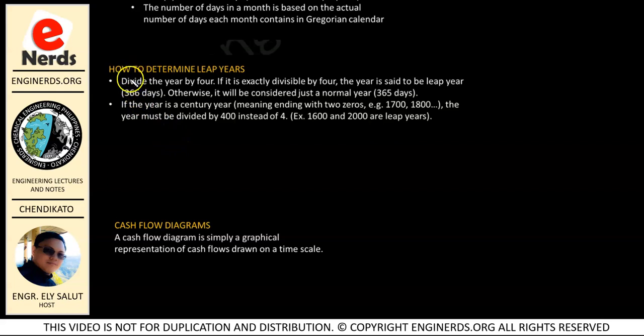So, in order to find out if the year is a leap year, so you have to divide the year by 4. If it is exactly divisible by 4, the year is said to be a leap year. So, that means, ang gagamitin nating number of days in 1 year is 366 days.